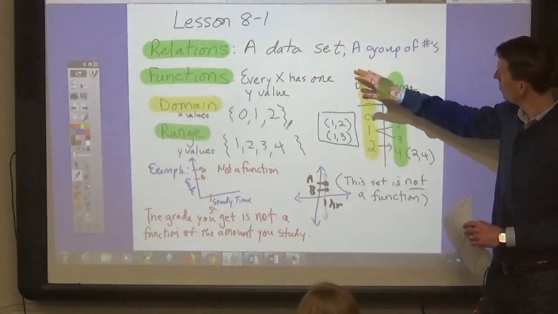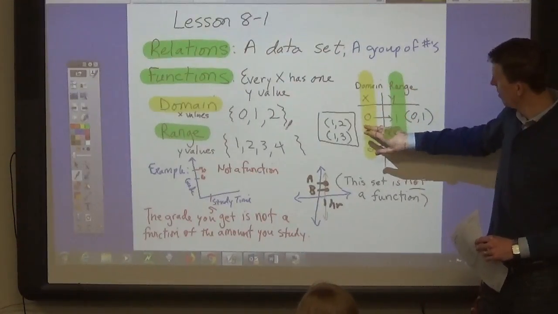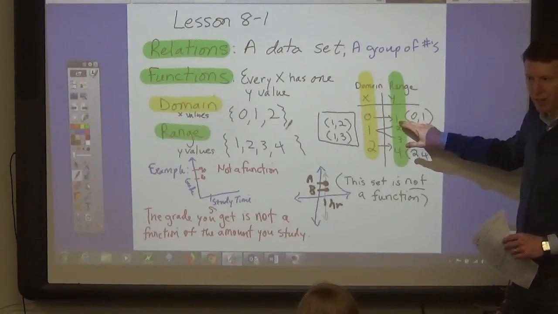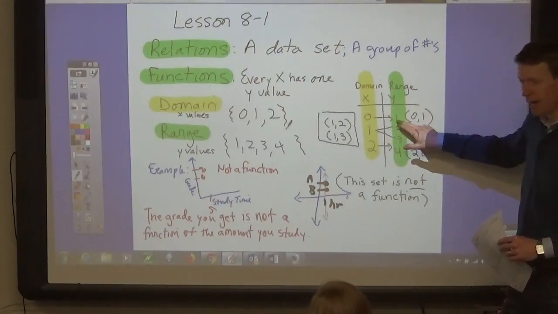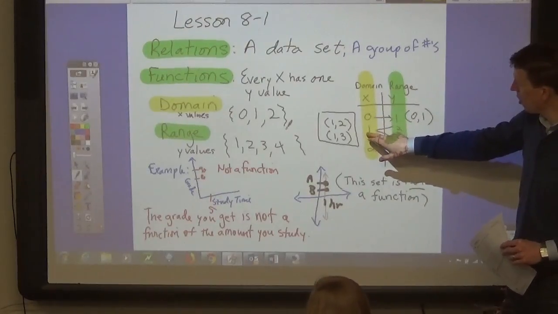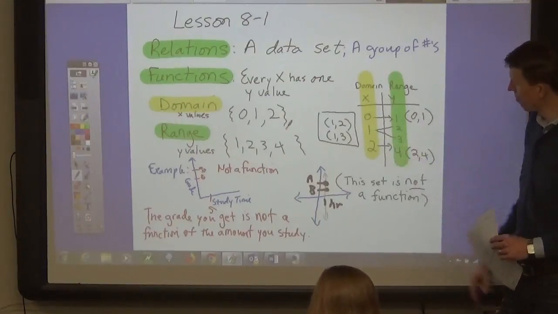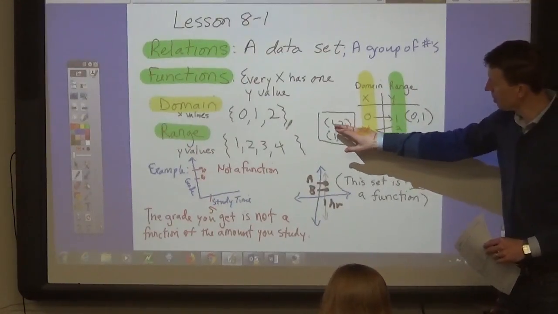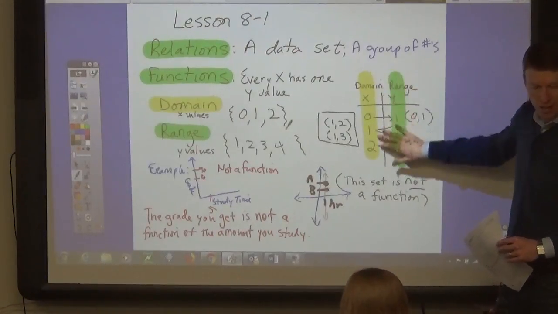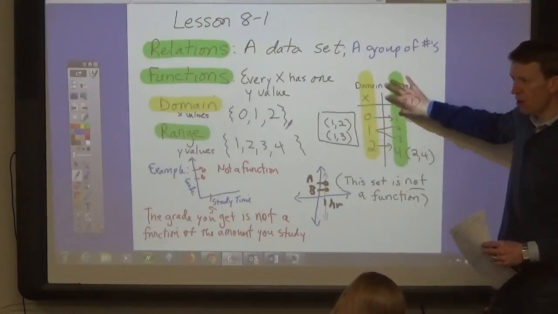So, it's a group of numbers like these numbers here. 0 goes to 1. The x is 0, the y is 1. Then, the 1 in the x goes to 2 and to 3. 1 gives us points 1, 2, and 1, 3 on this T-chart. So, this whole thing together is called a relation.